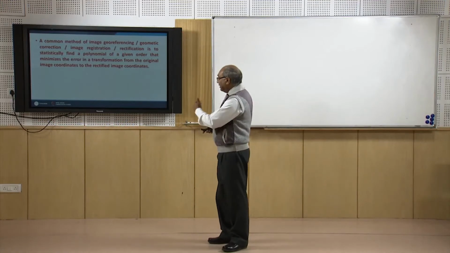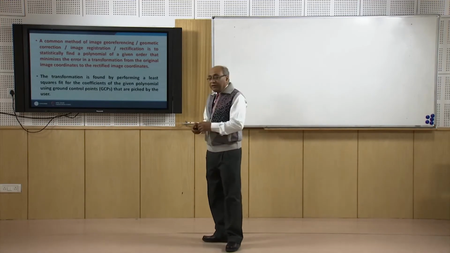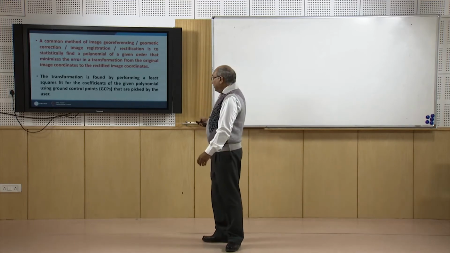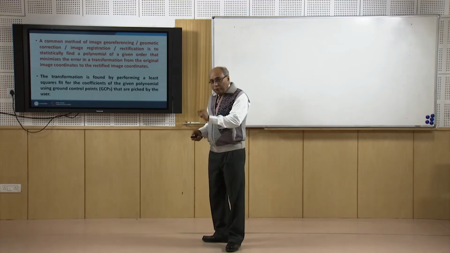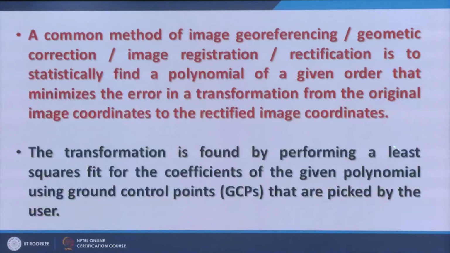We will see all these details a little later. Once this transformation function is found, that is, which pixel has to go where, the next thing is to go for the least square fit for the coefficients of the given polynomial equation using ground control points that are picked by the user.